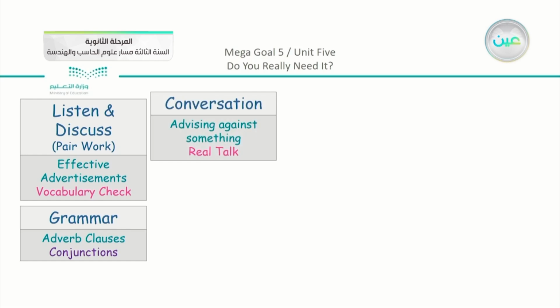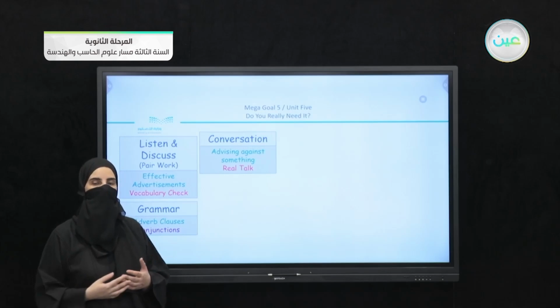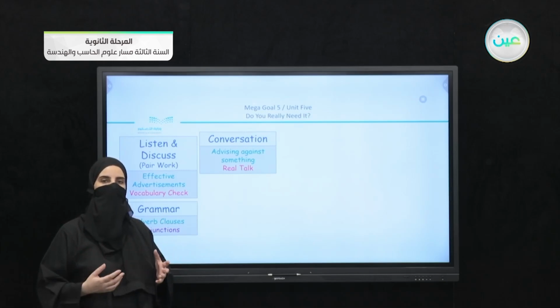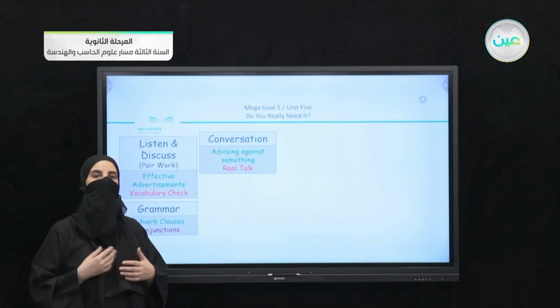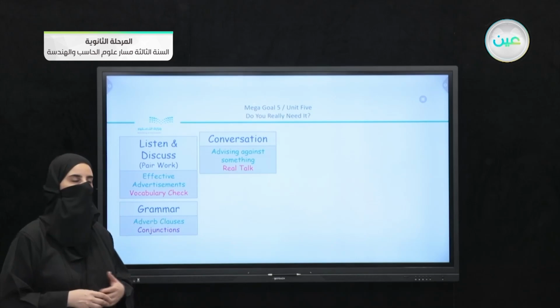In our conversation lesson, we had the conversation between two girls in the mall and how one of them wanted to shop all the time and the other was advising against shopping. So here we have the phrases that are used to advise against something, and also the real talk and the phrases that we learned throughout the conversation.